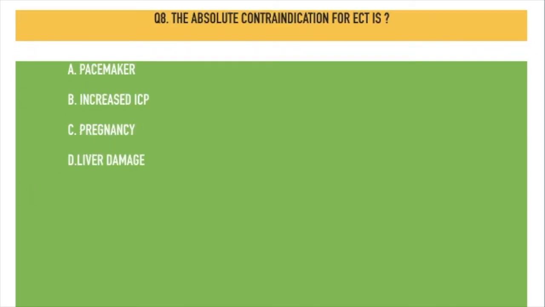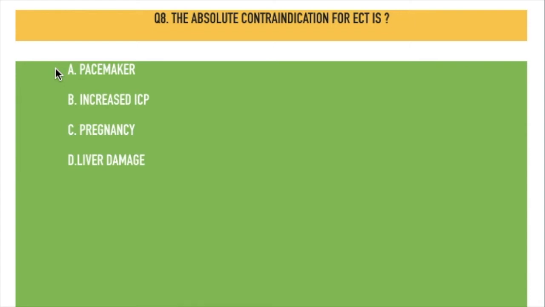Next question. The absolute contraindication for ECT is. Let's check the options. Option A, pacemaker. Option B, increased ICP. Option C, pregnancy. And option D, liver damage. Here in this question, let's check the options one by one. Option A, pacemaker.